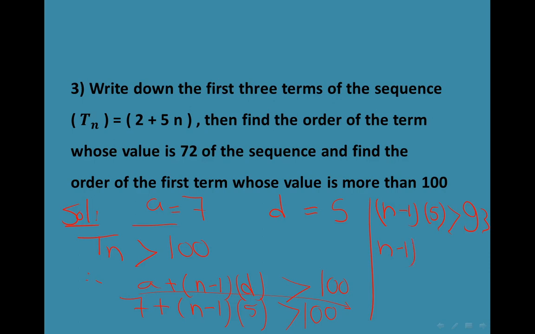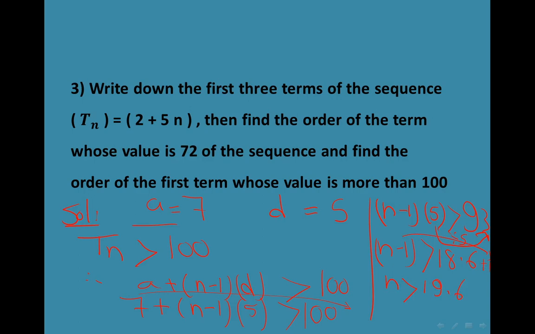Therefore n minus 1 is greater than, I'll transfer 5 to the right hand side by dividing 93 by 5. Here 93 divided by 5 equals 18.6. n is greater than 18.6 plus 1 equals 19.6.